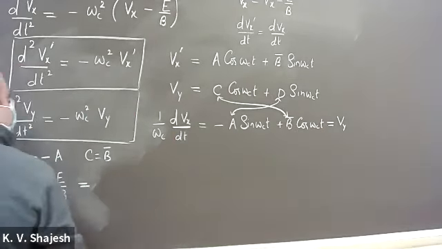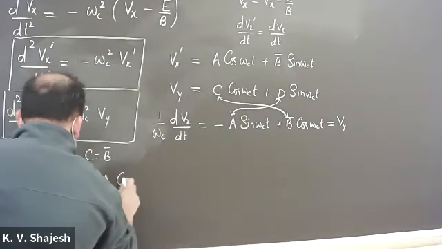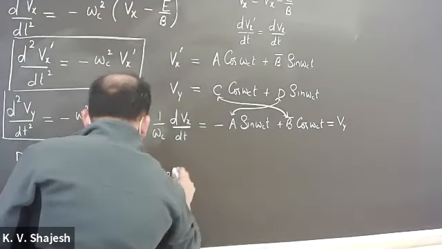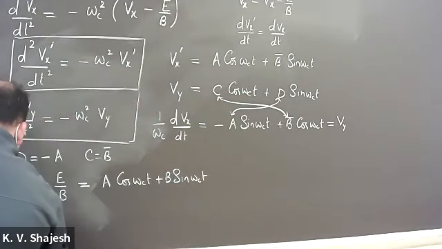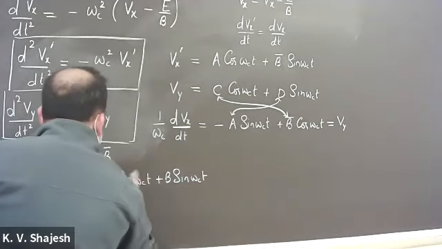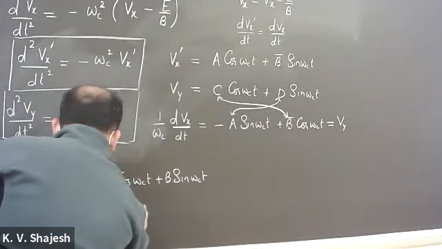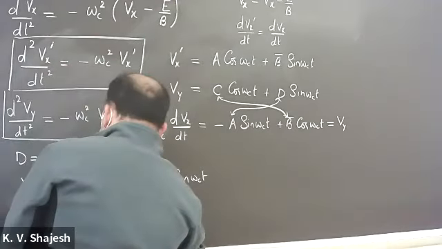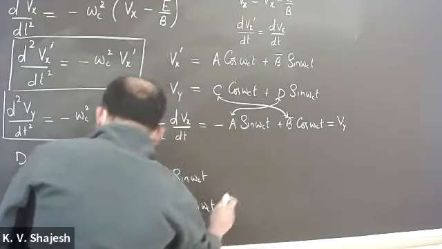Vx minus E over B is now equal to A times cosine omega c t plus B times sine omega c t, and Vy minus 0 if you want, since C is B, is B cosine omega c t minus A sine omega c t.